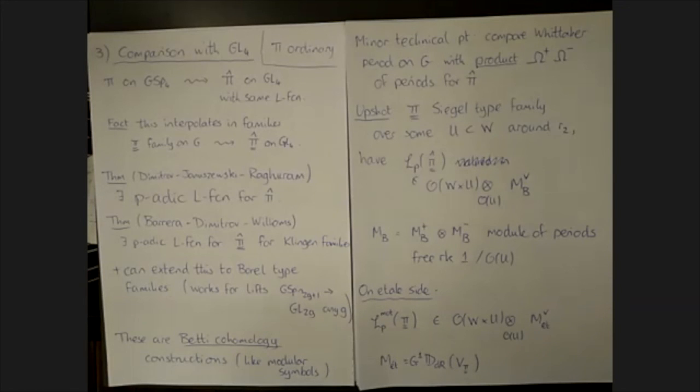Ah, I see, okay. So the toy version of this is that for an elliptic modular form, the Petersson norm, which is analogous to our Whittaker period, is up to some explicit power of pi a rational multiple of the product omega plus times omega minus. Yes. And that's in some sense maybe what we're doing here, and something a bit like that when we're comparing these periods via them coming up from an L value.